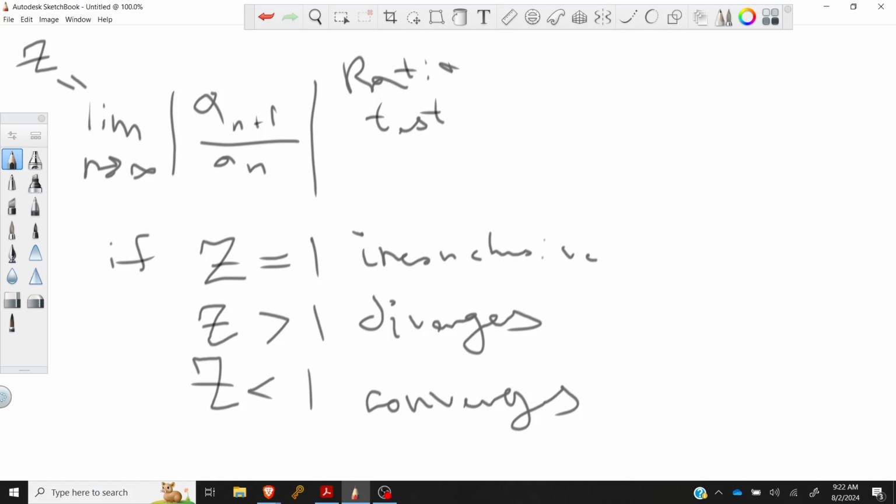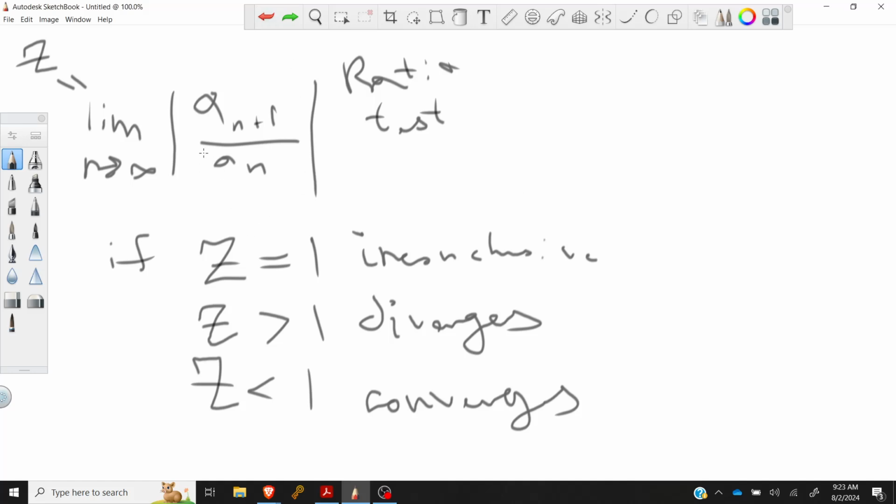So we're going to use that knowledge. And if you think about it intuitively, it kind of makes sense, because this is going to be your last term, your second to last term, and this is your very last term. So if the number is larger than 1, that means that your last term is larger than your second to last term. That means that your series is growing larger with each term.